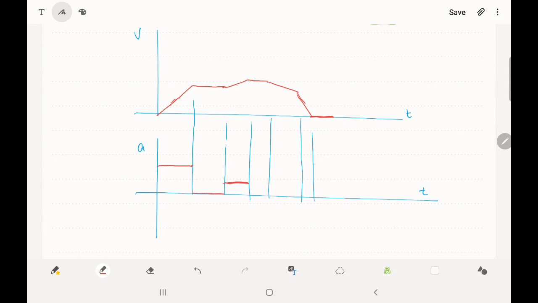And now you're going at a constant speed, which means your acceleration is again 0. Now your speed is decreasing with a small value, so it means you have a negative acceleration. And now you apply the brakes suddenly, so you have a sharp decrease in speed, a large negative acceleration.